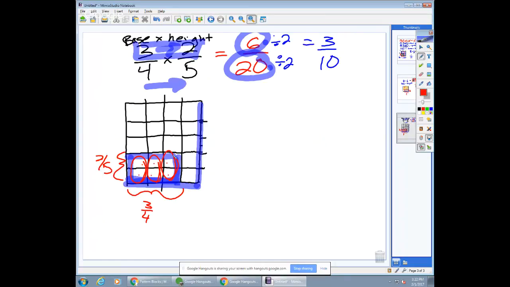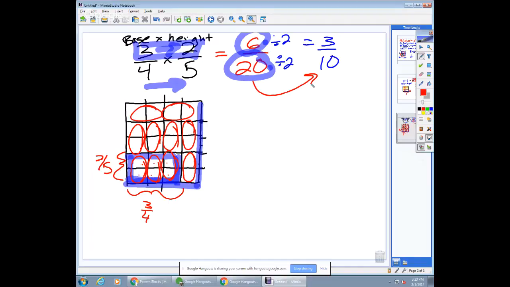And then all together, I'd have 1, 2, 3, 4, 5, 6, 7, 8, 9, 10. Yeah, so 3 out of the possible 10 groups of 2 are represented here. And there's lots of ways to organize those. That's just one way. So anytime we have a reduction, we should be able to show it by regrouping in the table.